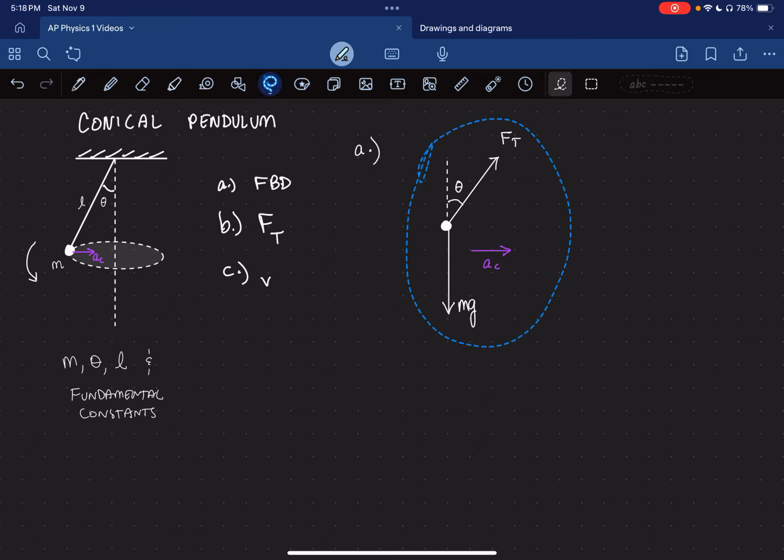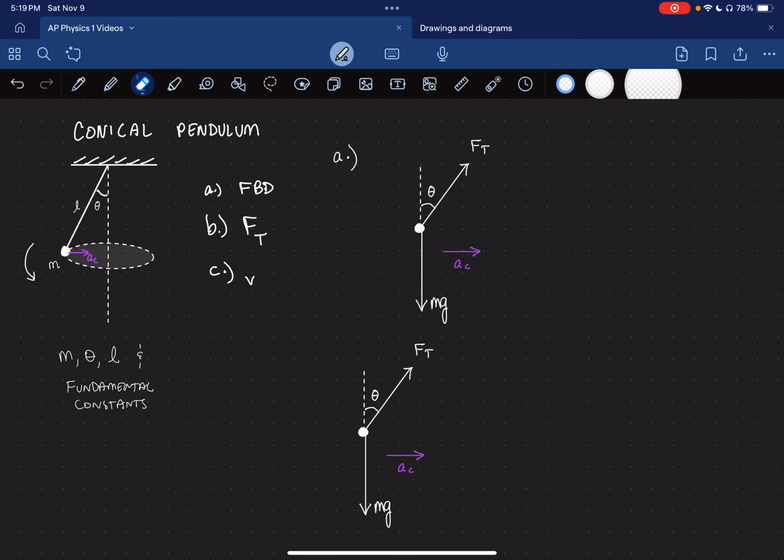Leave this alone. That's worth points. This one that we do here is not. And so we'll break this up into components. There's a component this way, and there is a component going up this way.